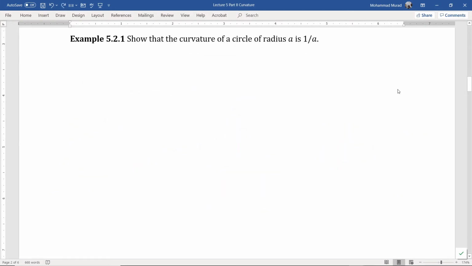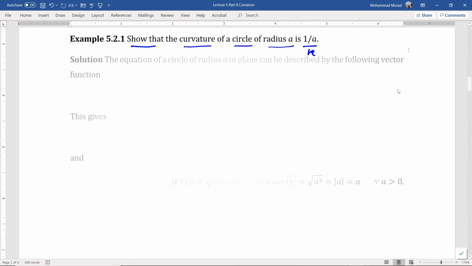Now let's have a look at an example. Show that the curvature of a circle of radius a is 1 over a. Let's have a look at the proof.